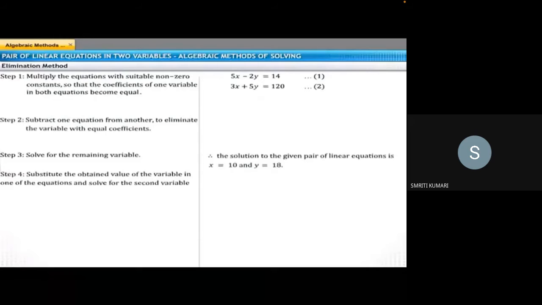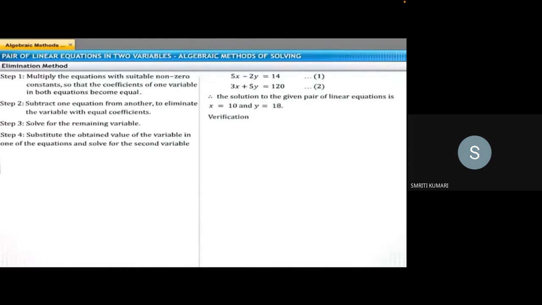To verify whether it is right or wrong, you have to substitute these values in the given equations. If a situation is given, instead of substituting in the given equations, better substitute in the situation. Here only the equations are given.